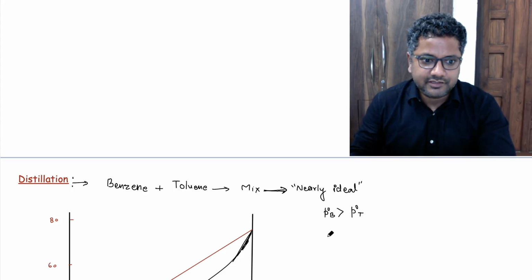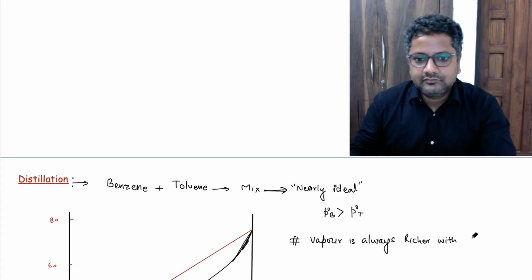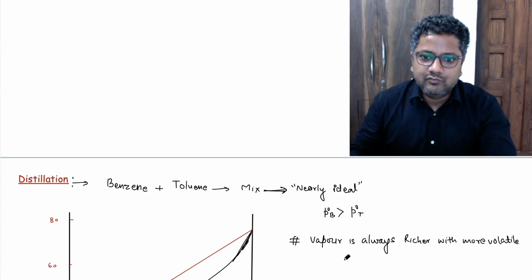You can write this statement as well here. Vapor is always richer with more volatile component for ideal mixture.